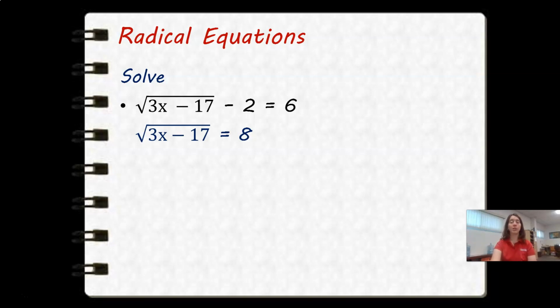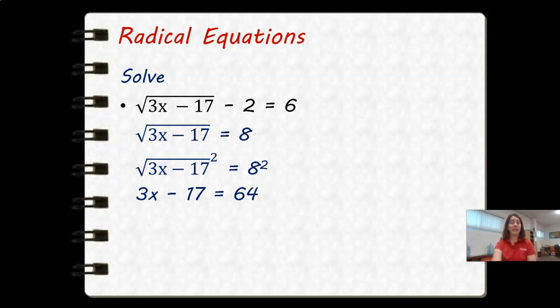Now we're ready for step number 2, to remove the radical symbol. Once again, I have a square root, so to remove a square root, I'm going to square on both sides of our equation. The square and the square root are opposites, so they cancel each other out, leaving us with the 3x minus 17, the radicand, on the left-hand side. On the right-hand side, 8 squared gives us 64.